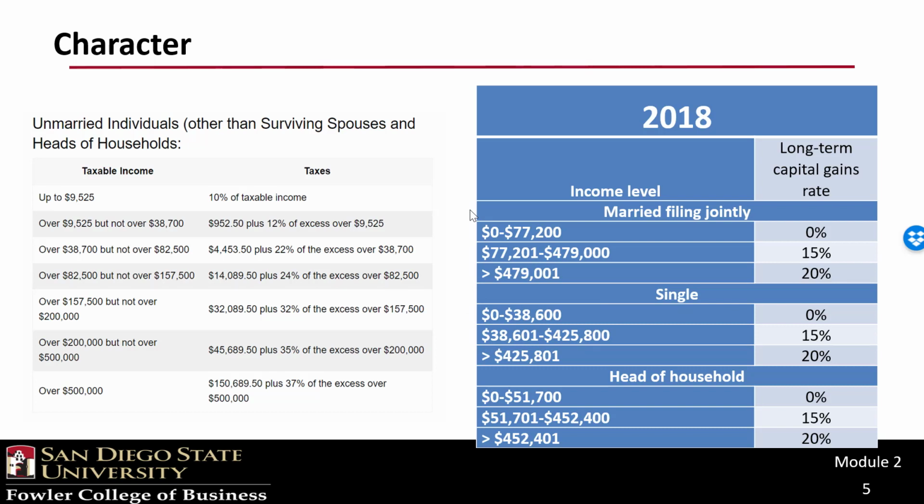Because what happened is when they decided what these rate brackets were for qualified dividends and long-term capital gains, they actually used the old tax rate tables and adjusted them for inflation as opposed to aligning them with the new ordinary income tables. So just to point out, there are some slight differences between those so that you know when to apply the 0, the 15, and the 20% rate for both 2017 and 2018.